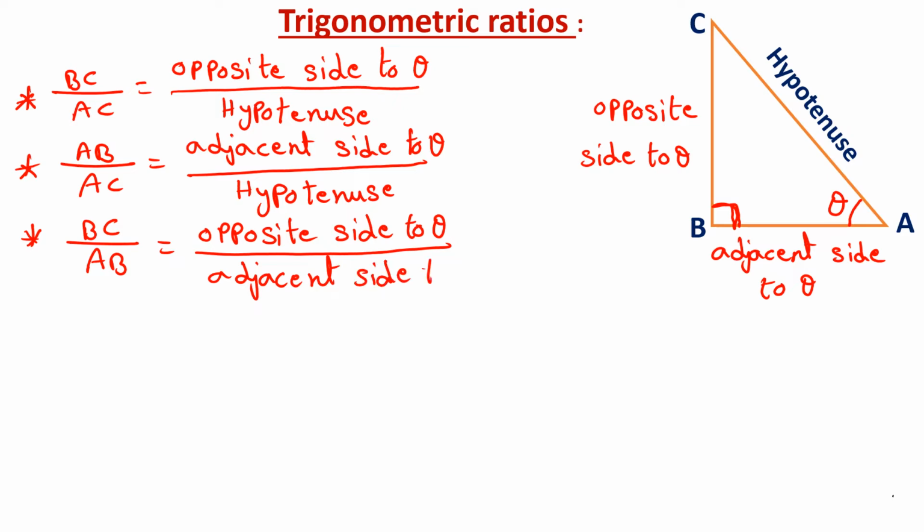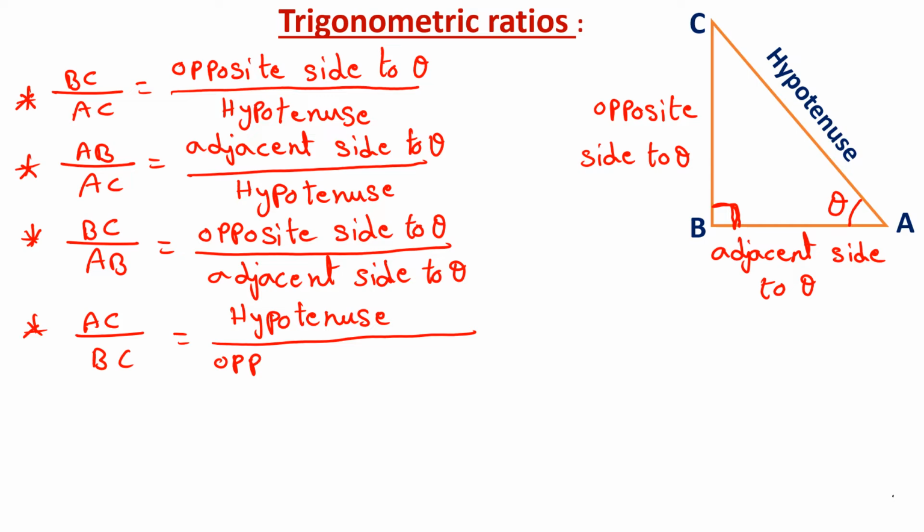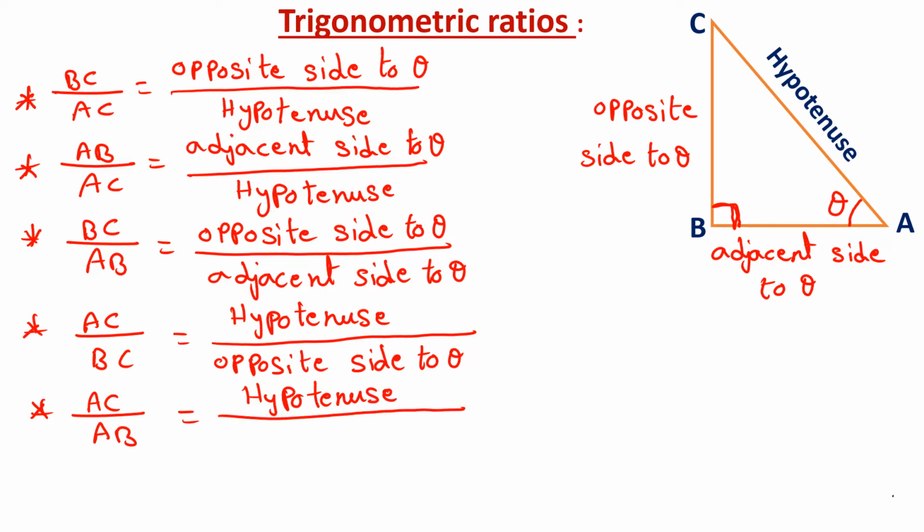The remaining ones are the reciprocals of these ratios. AC by BC equals hypotenuse by opposite side to theta. Next, AC by AB equals hypotenuse by adjacent side to theta.